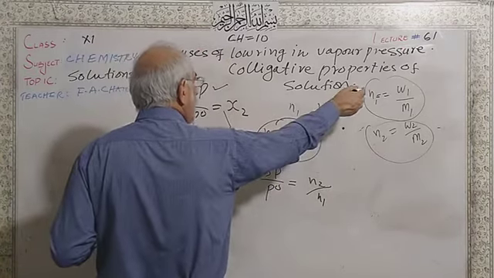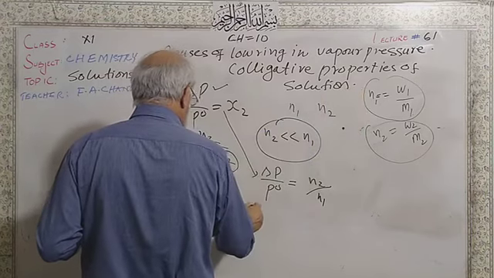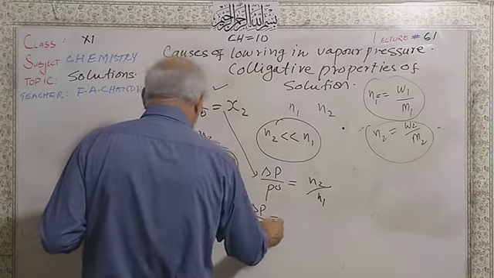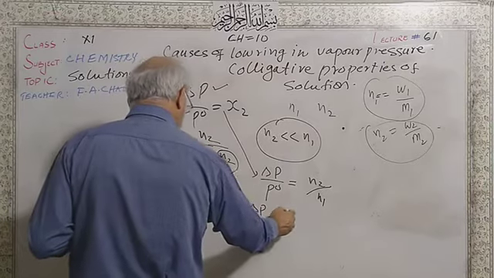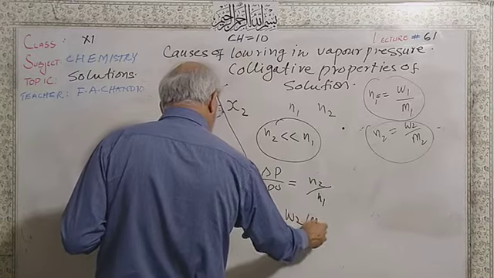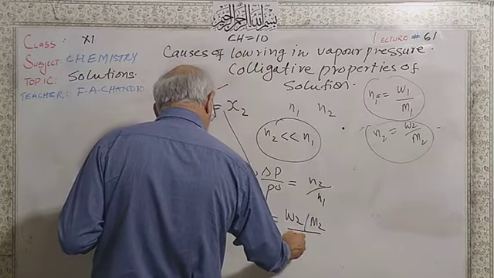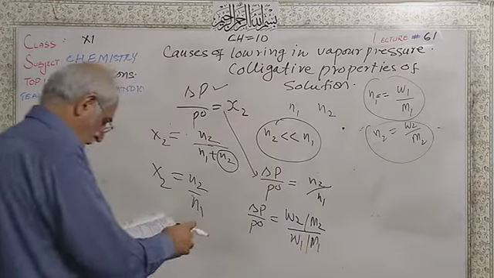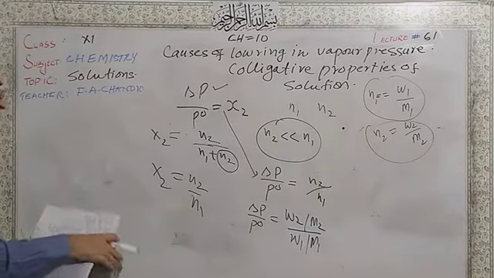When you put the values of n1 and n2, the equation you will get is delta P over P naught is equal to W2 times M1 divided by M2 times W1. This is the equation.